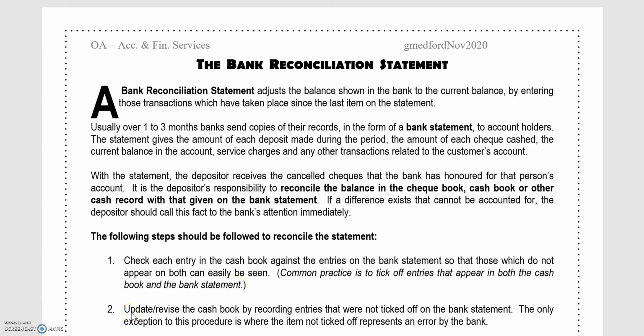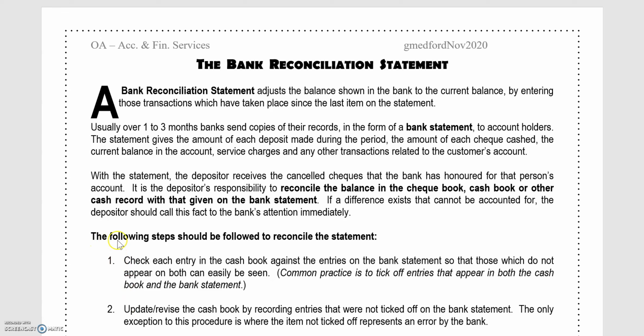The second step, which is update or revise the cash book, we are not interested in performing this step because the question did not ask us to update or revise the cash book. The question says, prepare the bank statement balance by starting with the balance as per cash book.